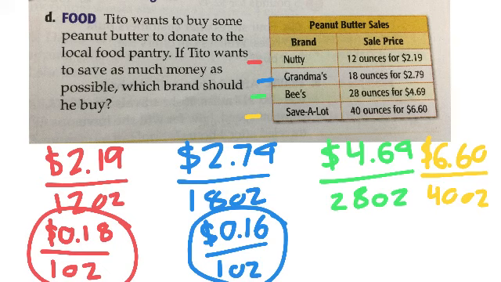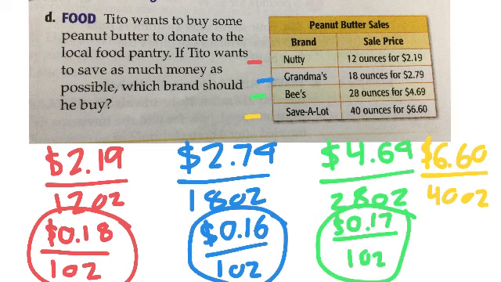For the B's brand, that would be $4.69 divided by 28. When I do that, I get 0.1675, which when rounded to 2 decimal places is 0.17. So that's 17 cents for 1 ounce. So again, B's brand is still cheaper by a penny.